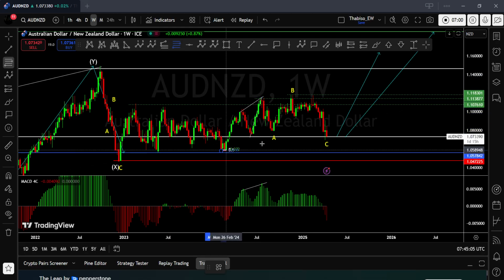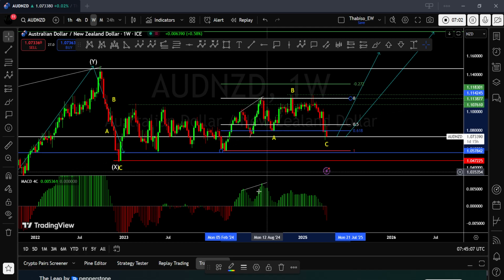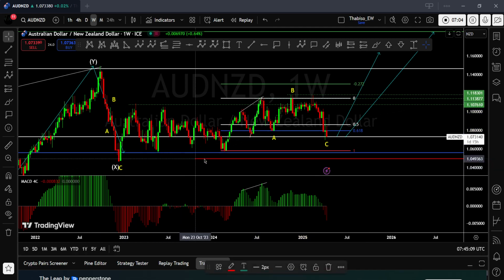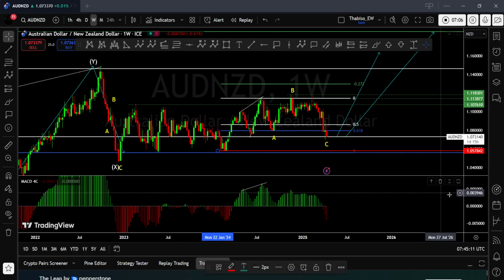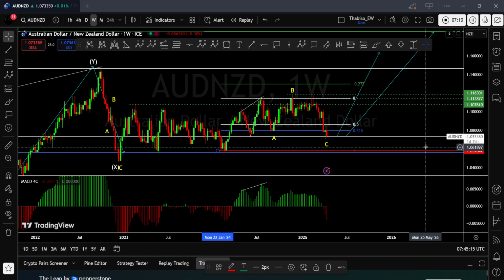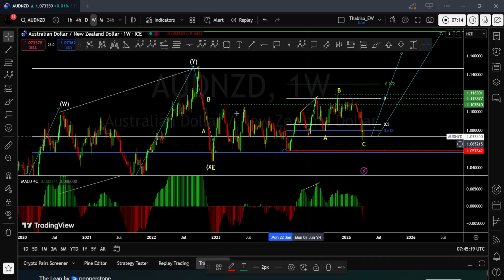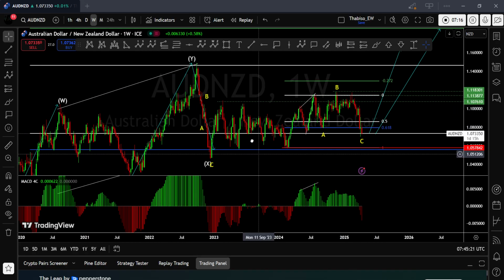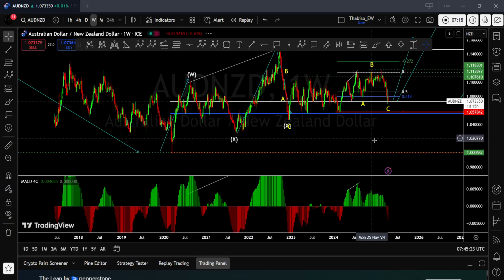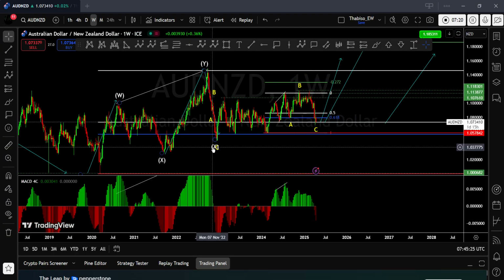So our invalidation level should actually be here. So it's not very far, 1.057. It should be our invalidation level. If we go beyond this level, then it means we need to come back and relook at the whole analysis.